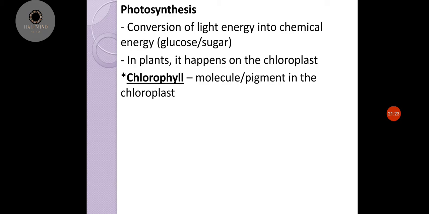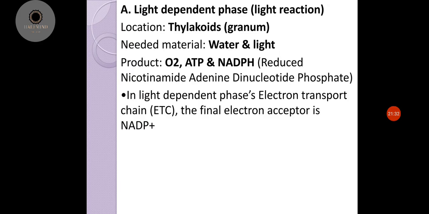In plants, it happens in the chloroplast, which contains chlorophyll, a molecule or pigment in the chloroplast. In photosynthesis, we have 2 stages: the light-dependent phase or the light reaction, and the light-independent phase or the dark reactions or the Calvin cycle. Again, the light-dependent phase happens in the thylakoids or in the granum, the stacks of thylakoids.